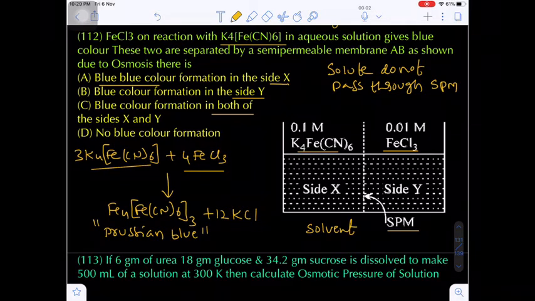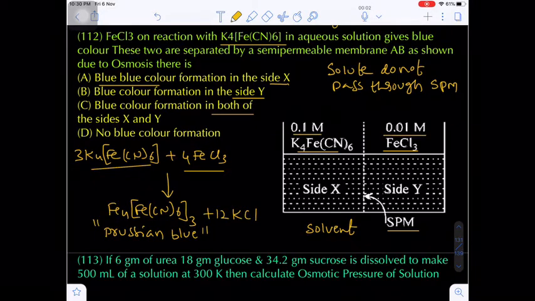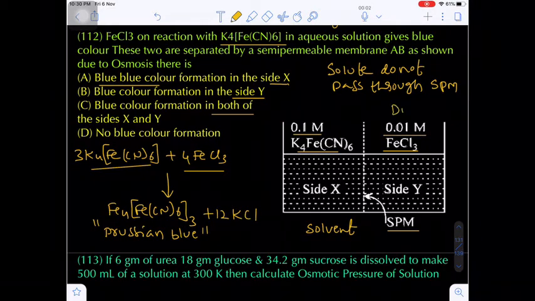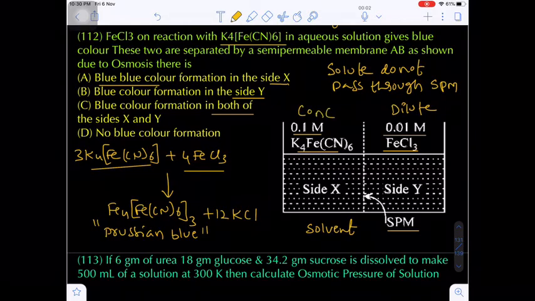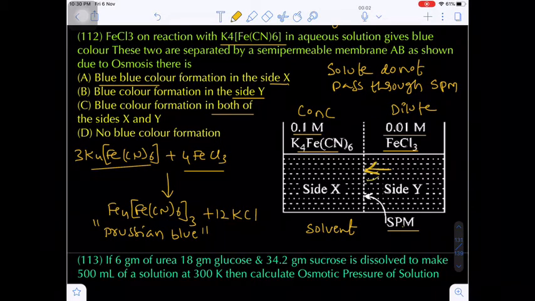Remember, solvent can move from left side to right side or right side to left side. Obviously, the left hand side has more concentration, 0.1 molar, and the right hand side will be 0.01 molar. That means the right side solution is a dilute solution and the left side solution is a concentrated solution. The flow of solvent from a dilute solution to a concentrated solution through the semi-permeable membrane is known as osmosis.